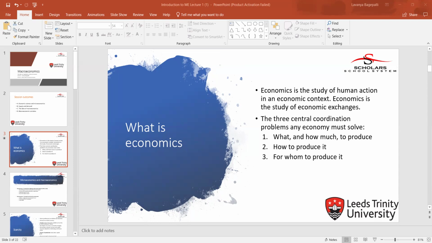Economics is going to help you understand what you might choose to buy more of. For example, you might choose to buy more of the basic necessities like bread, milk, and you might decide to buy less of others like cookies, based on your preferences and prices of these items. So, economics is going to help you to make these choices or decisions.